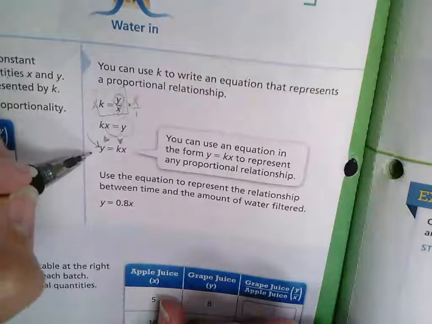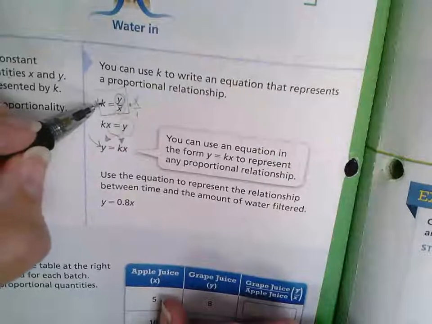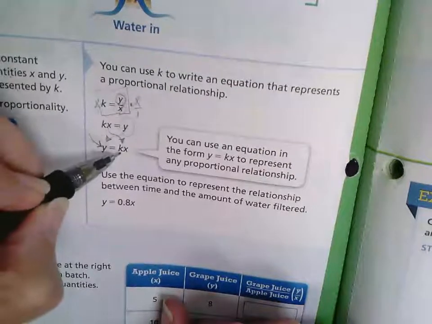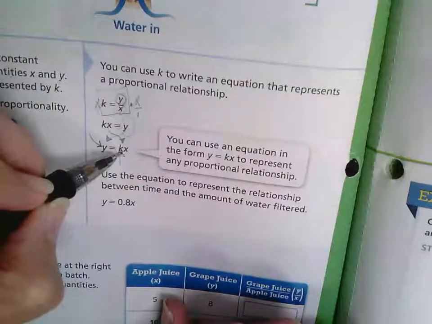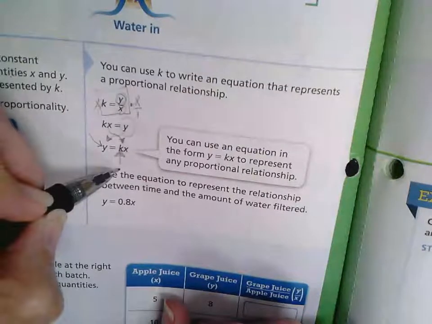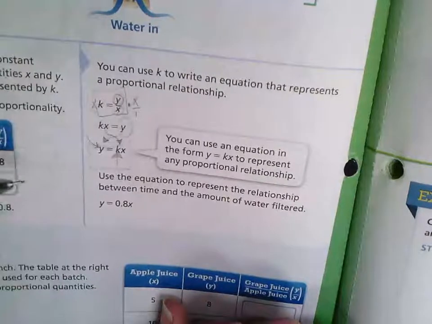So this is the equation that is derived from this equation that we're going to be using. And we're going to be looking particularly at finding this constant of proportionality and looking at it in terms of this whole equation.